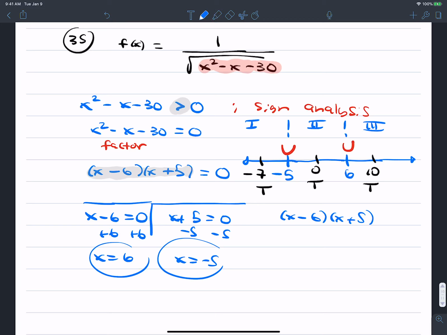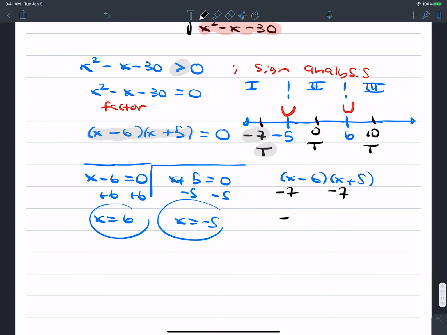So let's do our arithmetic now. All right, we're going to test -7 as a test point here. So plug in -7. We get -7 minus 6 will be -13. -7 plus 5 is -2. A negative times a negative gives us a nice positive region. You're going to test again 0.